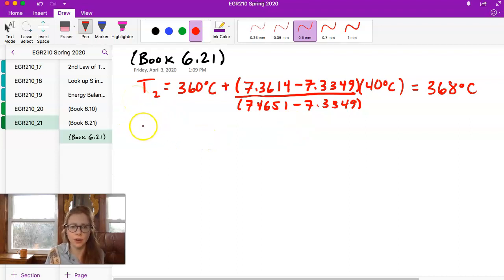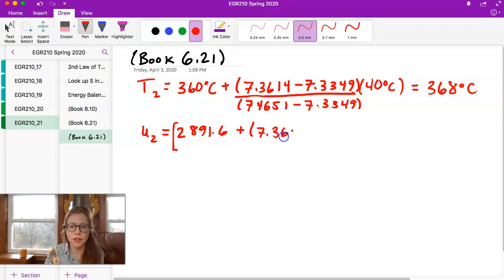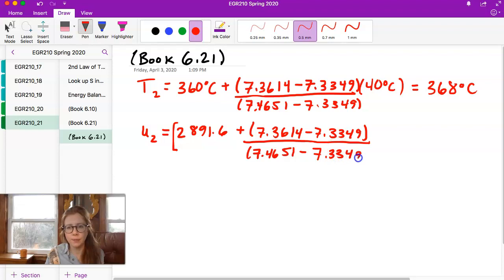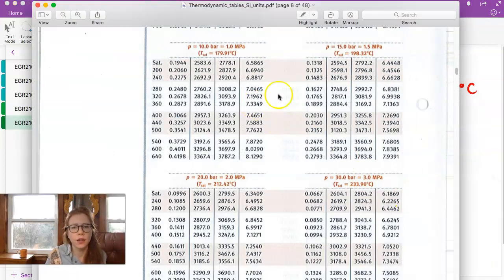Okay? And so now we can go ahead and figure out what U2 needs to be, and we're also going to have to interpolate for that. So U2 is going to be 2891.6 kilojoules per kilogram, plus 7.3614 minus 7.3349 divided by 7.4651 minus 7.3349, times our difference in internal energy between the upper and lower limits here.